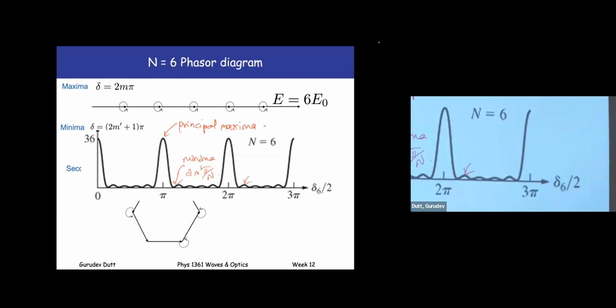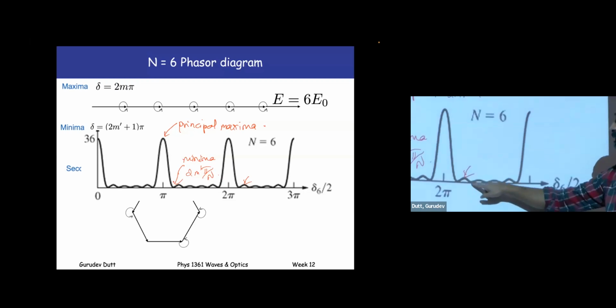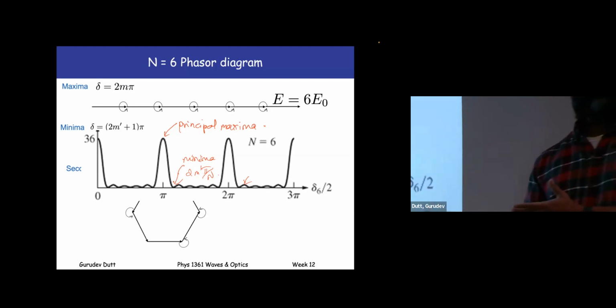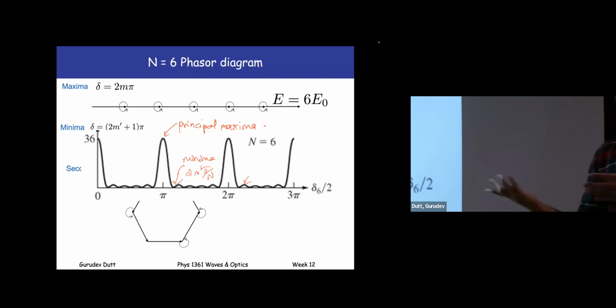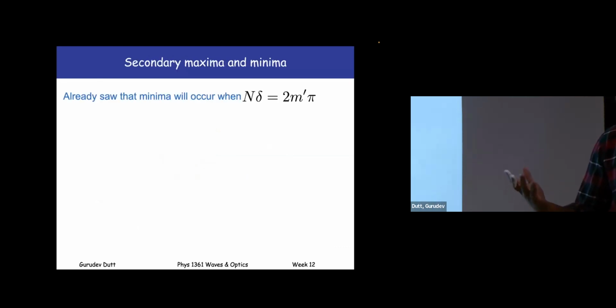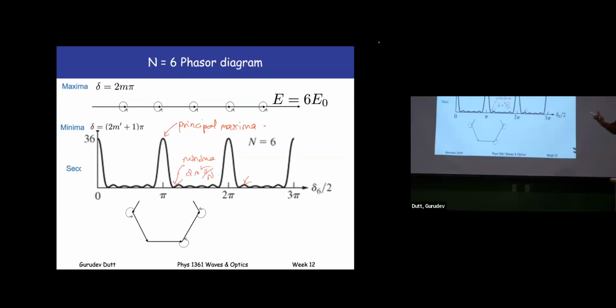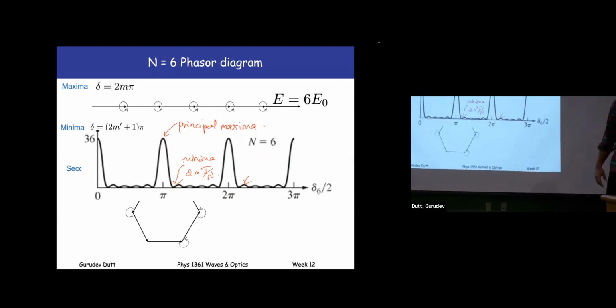Okay, so those are over here, and then we have secondary maxima, which are in between the minima. Roughly, we just take them as halfway in between. You can, of course, calculate where they are explicitly by solving the transcendental equations. But anyway, so those are the secondary maxima.